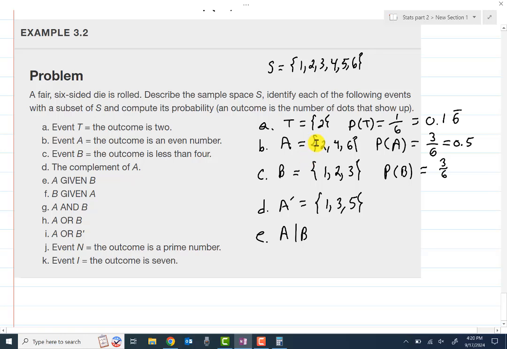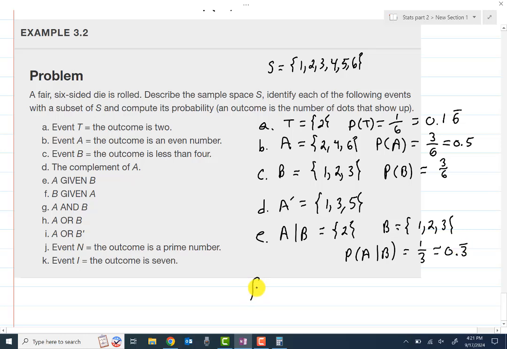So which of these are there? 1 out of the 3 that are listed. We want the number 2, but it's going to be 2 out of 1, 2, 3. So the probability of that is going to be 1 out of 3, or 0.3 with a bar over it.